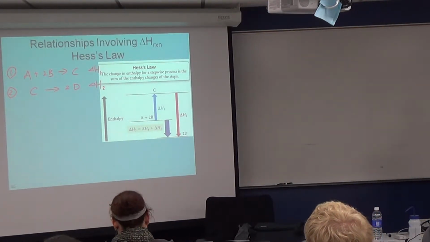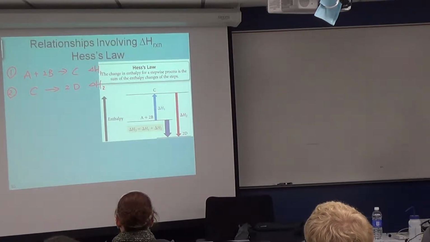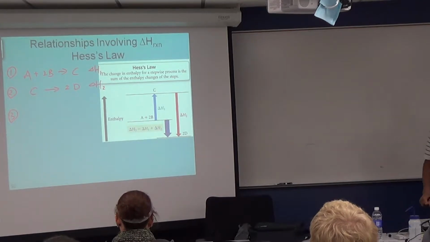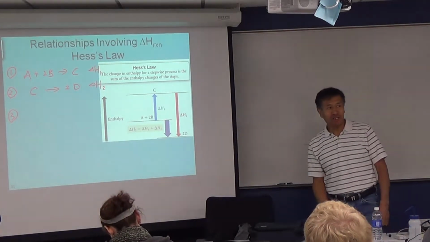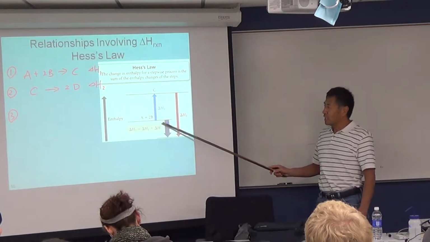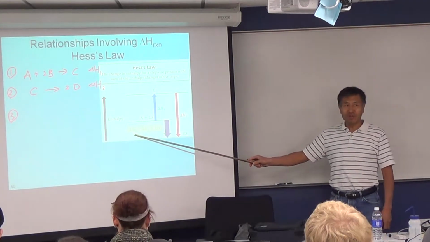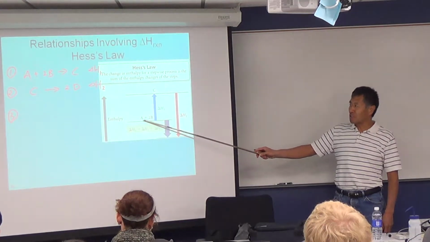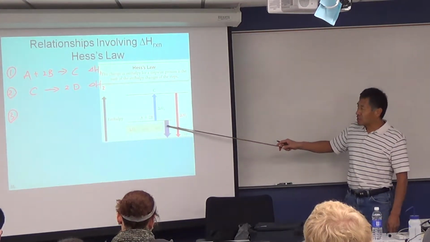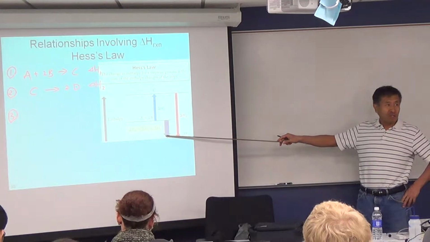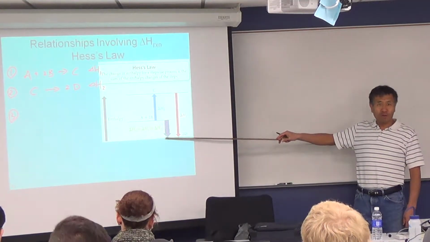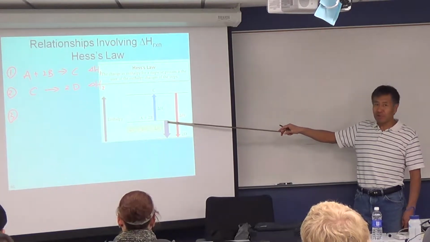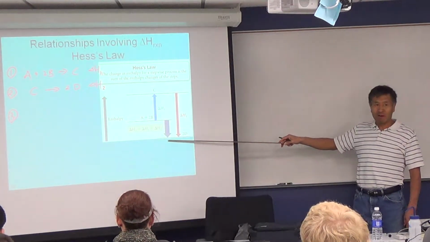Now let's say that reaction 3. Right? So reaction 3, just by looking at this picture, has this delta H3. What I mean by reaction 3 is you take this line, this dark navy arrow, that is for reaction 3. And so the beginning of this arrow is our reactant, and the end is our product.